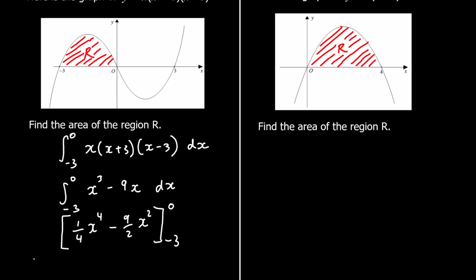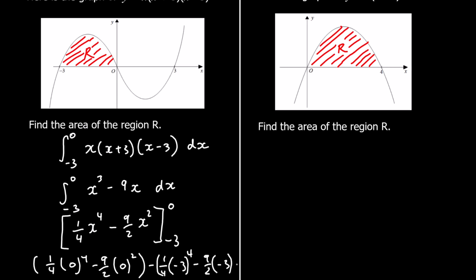So we've got a quarter times 0 to the power of 4, which is 0, minus 9 over 2 times 0 squared. So that is 0. Take away a quarter of -3 to the power of 4, minus 9 over 2 times -3 squared.